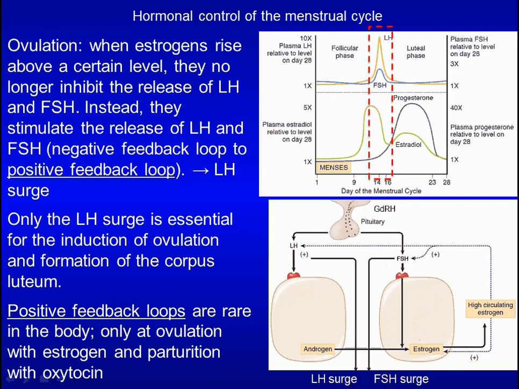Especially luteinizing hormone surge triggers ovulation. Positive feedback loop is rare in the body. It only occurs at ovulation with estrogen and delivery with oxytocin.